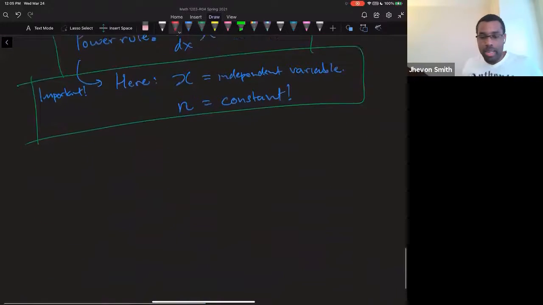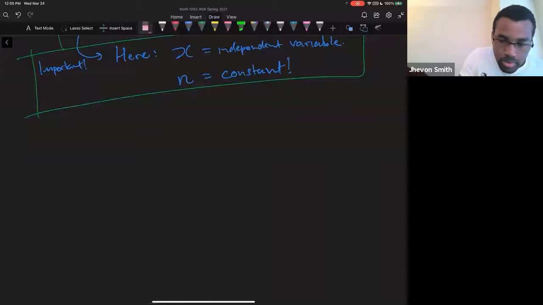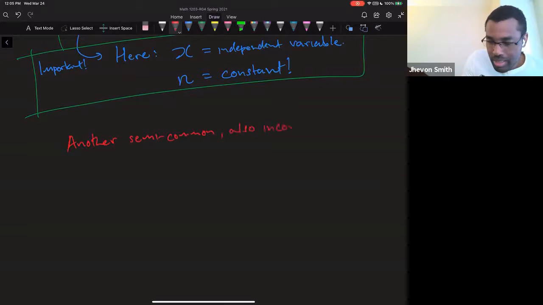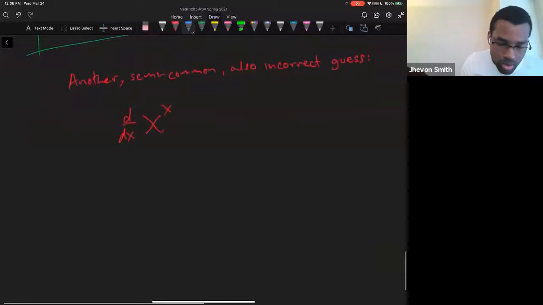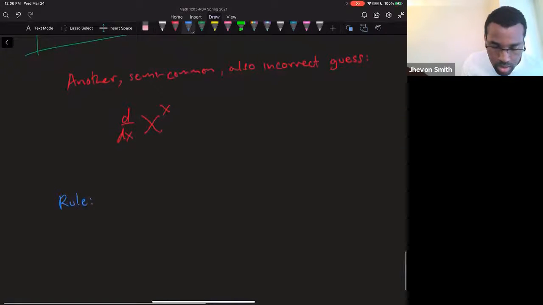Now, another common guess I get sometimes, not as common as the first one, semi-common, also incorrect guess, is to think that d/dx of a to the x, well, I know a rule that says d/dx of a to the x.